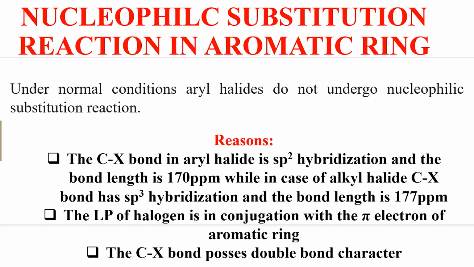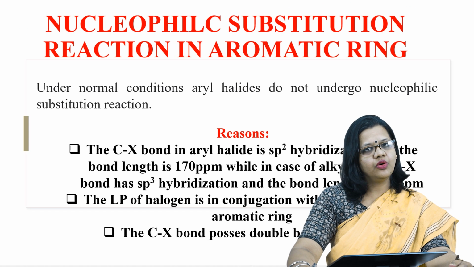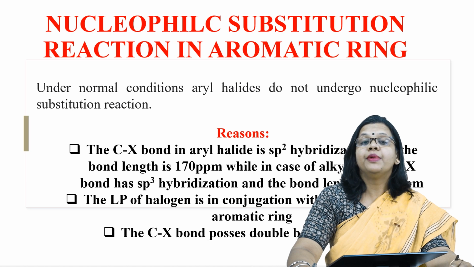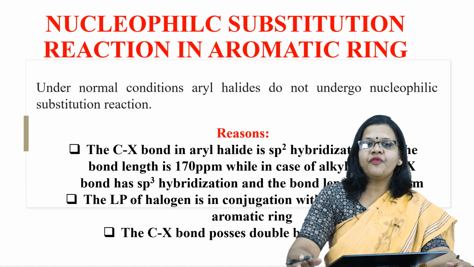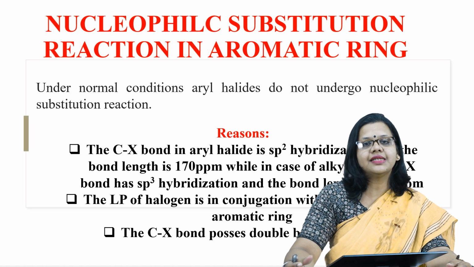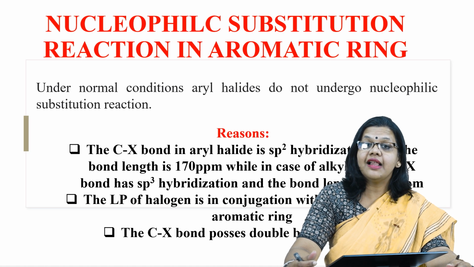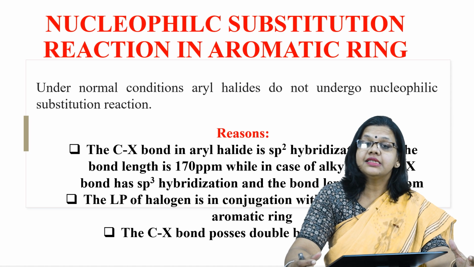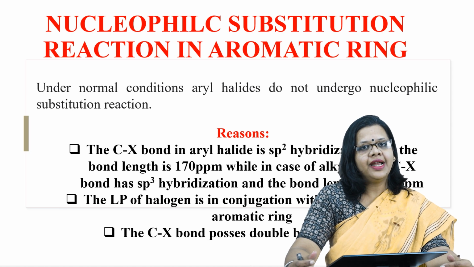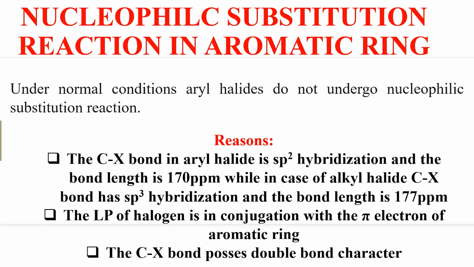Now, as we know, under normal conditions, aromatic compounds or aryl halides do not undergo nucleophilic substitution reaction, because we know that nucleophiles are which species? Nucleophiles are species which are nucleus loving, that means they are themselves negatively charged species, and the aromatic ring has dense negative charges. So, it is not a regular type of reaction that can occur very easily without certain specific conditions.